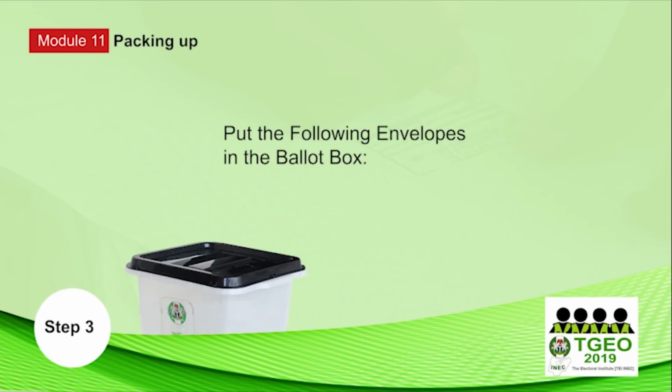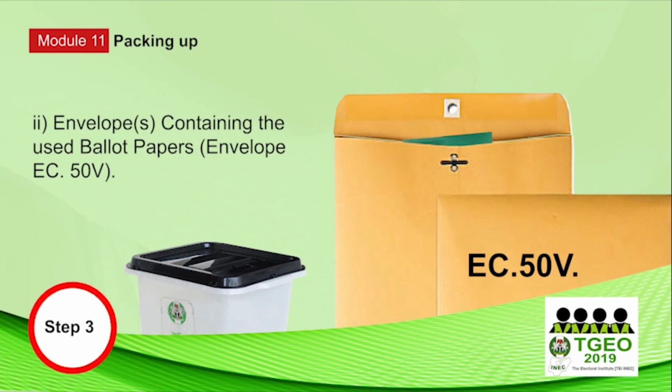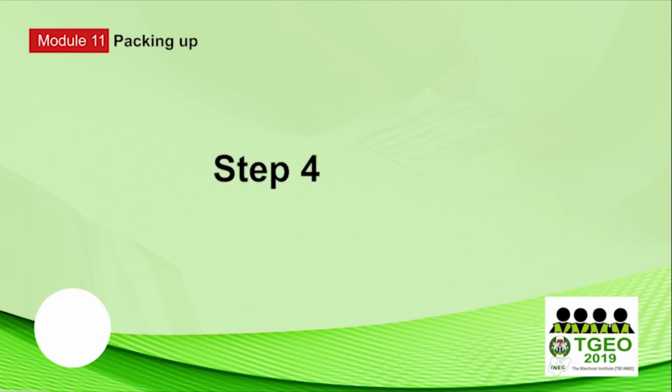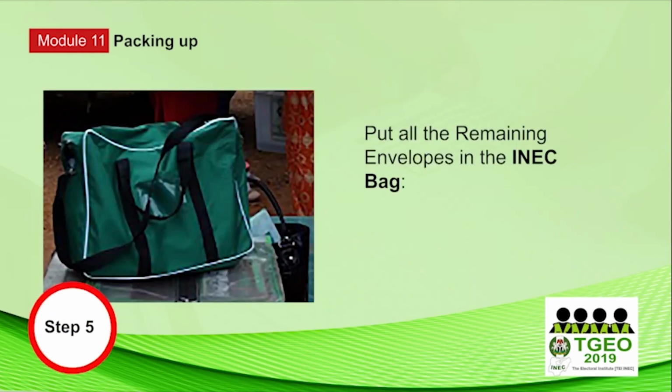Step 3. Put the following envelopes in the ballot box. 1. Envelope EC50F. Envelopes containing counterfoils of used ballot papers. 2. Envelopes containing the used ballot papers, envelope EC50V. Step 4. Seal ballot box with the seals provided. Step 5.